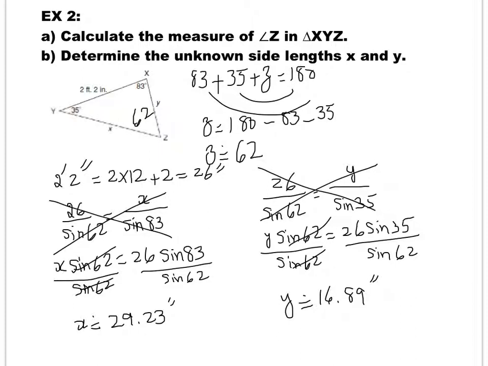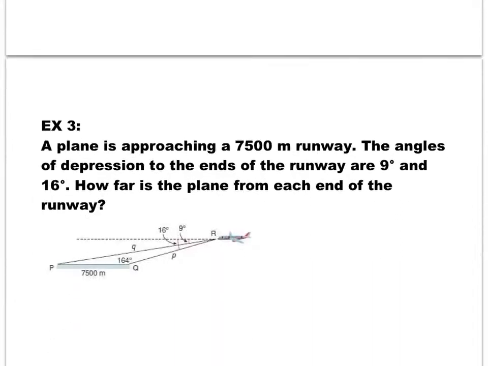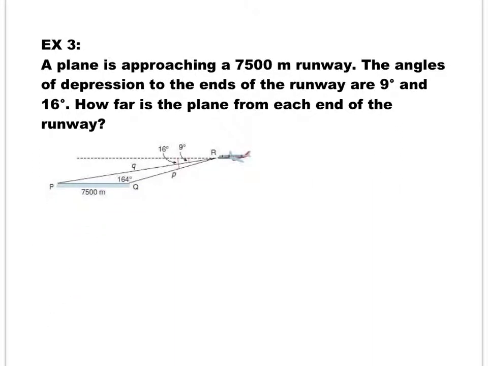Now let's do one word problem and we can finish off the lesson. The word problem is the following. You have a plane which is approaching a runway of 7,500 meters, this is the runway. The angles of depression to the end of the runway are 9 and 16 degrees.